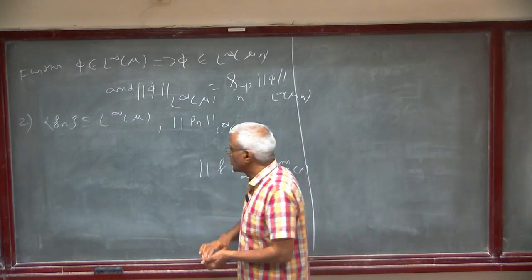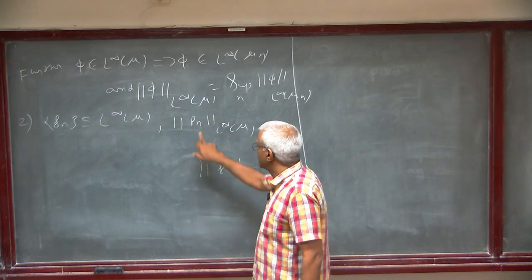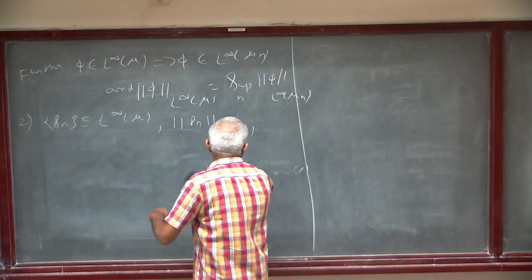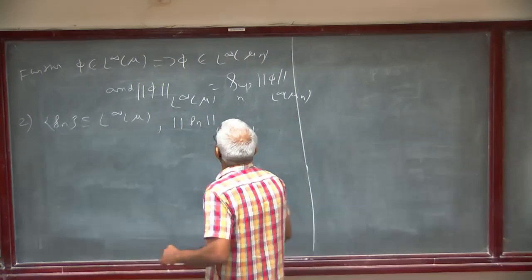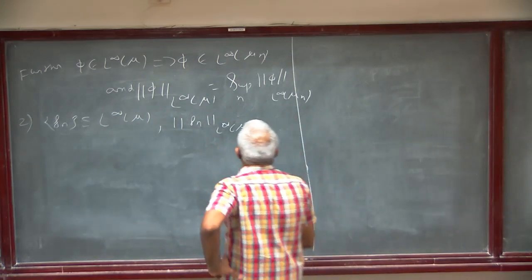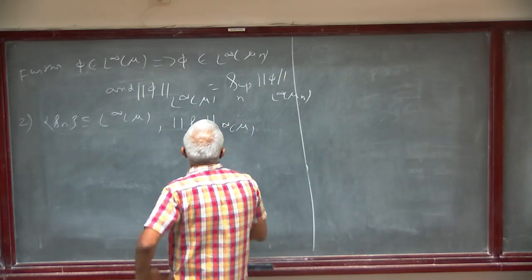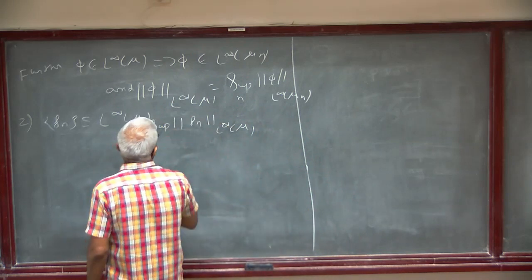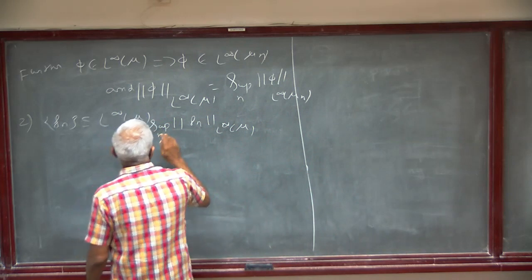Usually it's not. So the norm of Fn, here the z and so on.